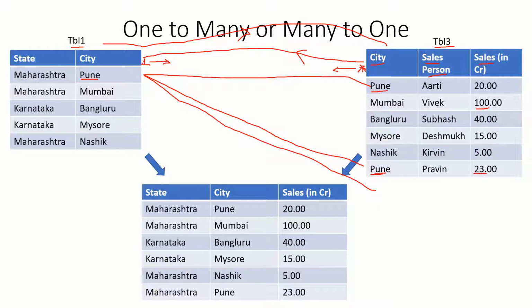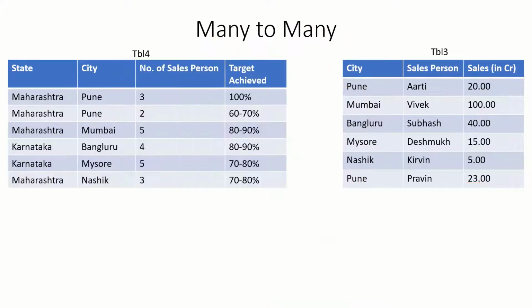Alright, so let's move on to the last cardinality type, which is many to many. Here we have table 4 with some salespersons and the target achieved data, and in table 3 we have the salesperson-wise sales data.